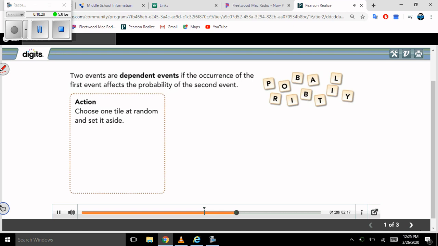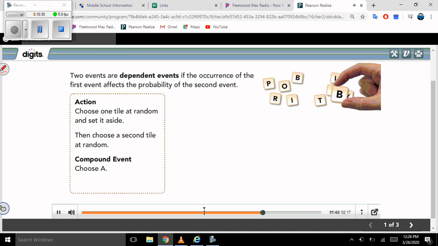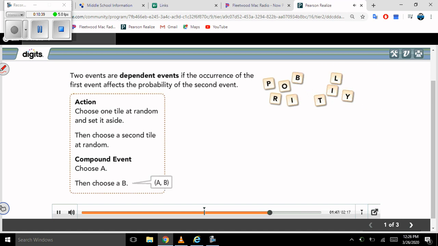The first part of the compound event is choose A. The second action is then choose a second tile at random. The second part of the compound event is then choose a B. So the compound event is also A, B.